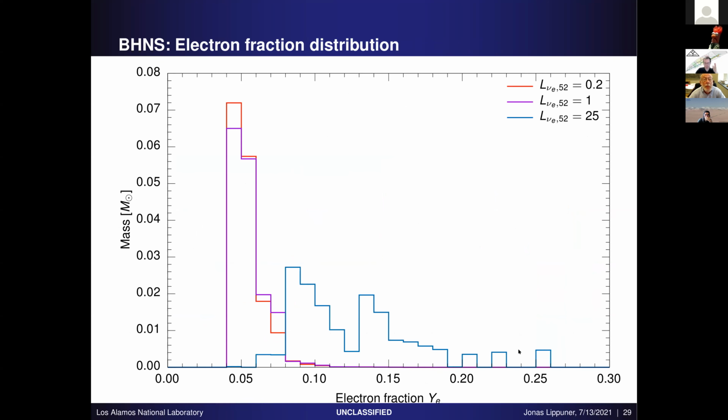But because any electron fraction below 0.25 makes basically the same r-process, this doesn't really have an impact on the nucleosynthesis. So it does increase the electron fraction in the ejecta, but it can't really push it beyond 0.25 to have an appreciable effect on the nucleosynthesis in this case.